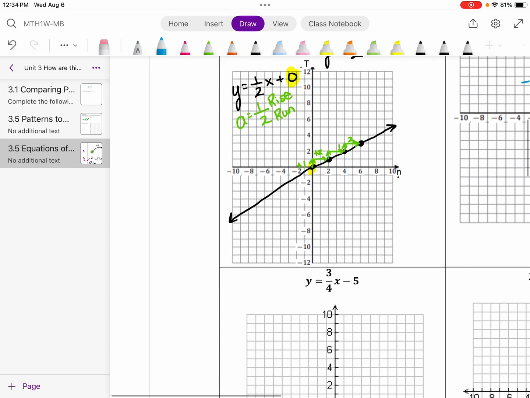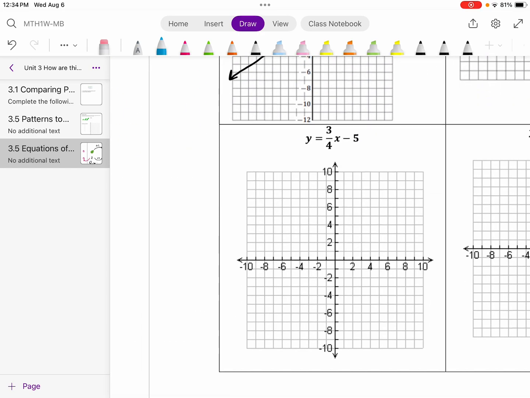Take a moment and try the next one: y is equal to 3/4 x minus 5. All right, so hopefully you've pushed pause and tried graphing this. I always start by identifying my rate of change, my 3/4, and my constant, -5. So I'm going to start by plotting this constant value, or my y-intercept value.